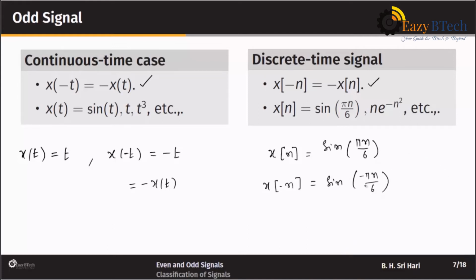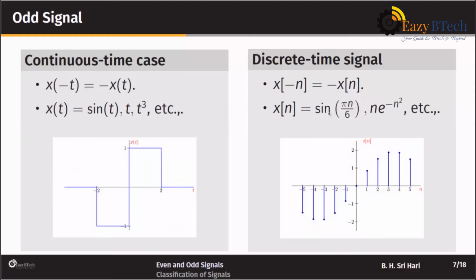But we know that sine of minus theta equals minus sine theta. So you get minus sine of pi n by 6, and sine pi n by 6 is nothing but our x of n, and hence you get x of minus n equal to minus x of n. Because this condition is satisfied, we say that the signal x of n equal to sine pi n by 6 is an odd signal.